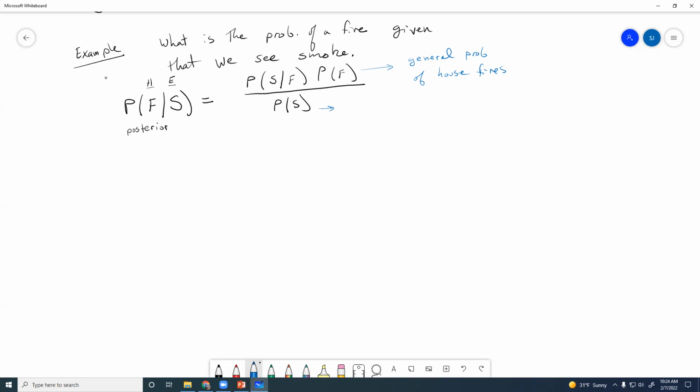What's the probability of smoke from all the different sources out there? Right? It's wintertime. We got a lot of wood burning stoves, maybe people burning trash or wood piles. It's a good time to burn your brush.